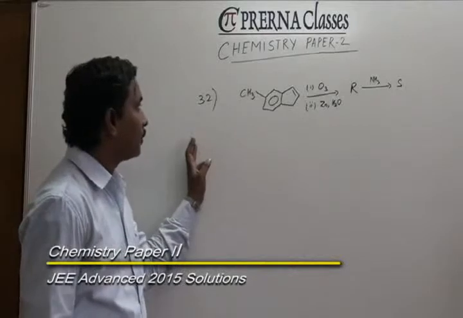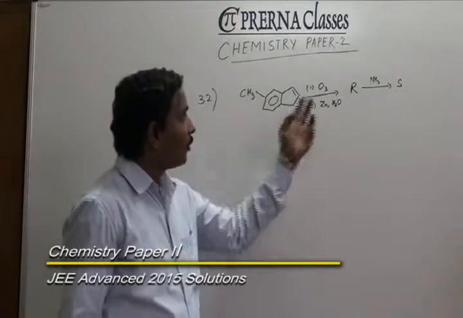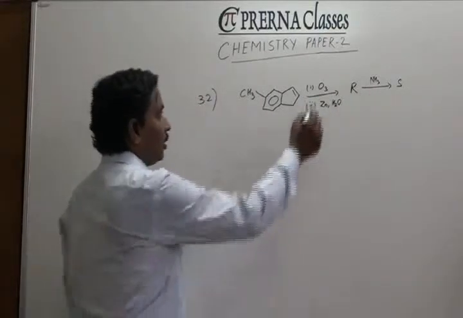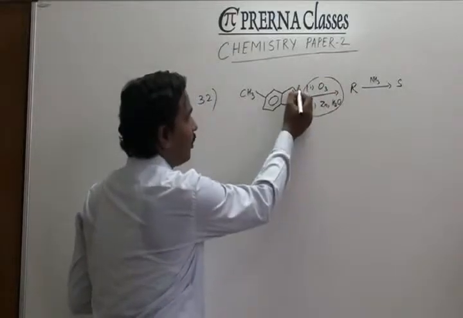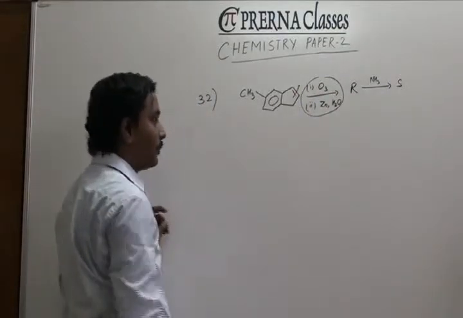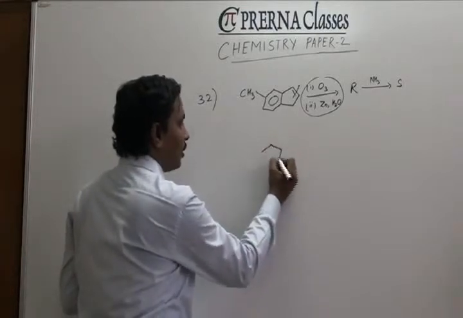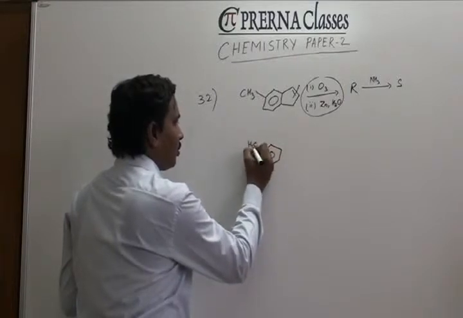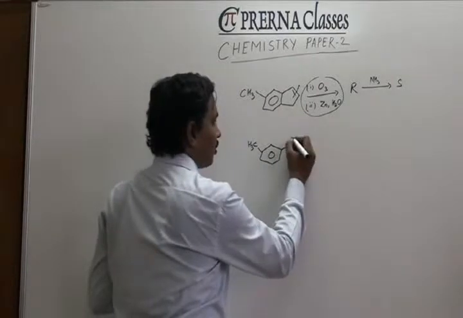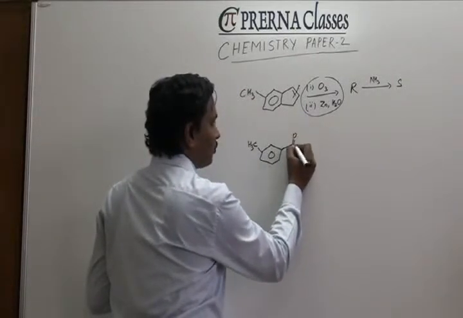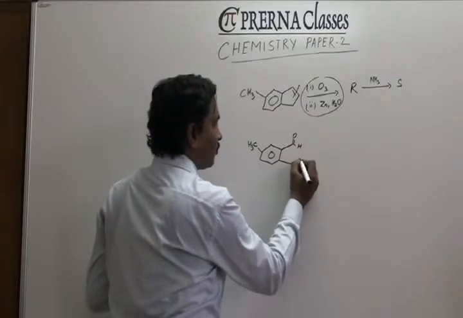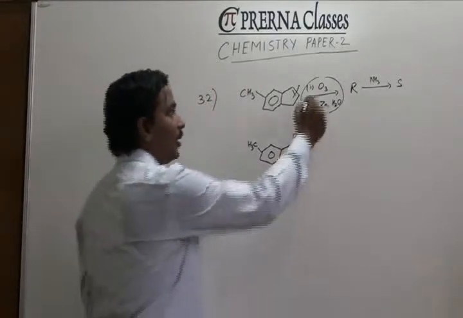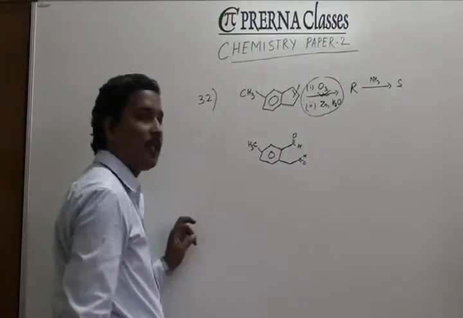Now question number 32. This compound first undergoes reductive ozonolysis, followed by NH3. Reductive ozonolysis means this double bond will break up into two aldehyde groups. So we can write, two aldehyde groups will be formed by reductive ozonolysis with O3 in the presence of Zn/H2O.